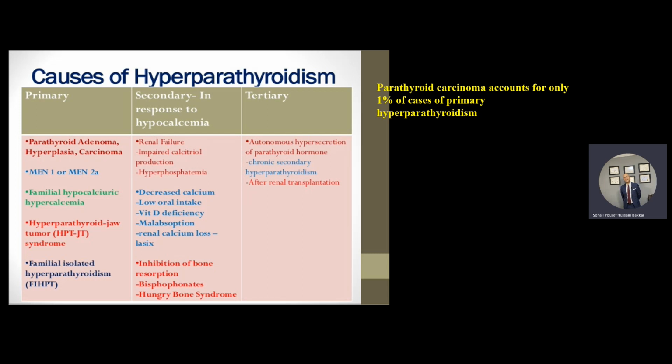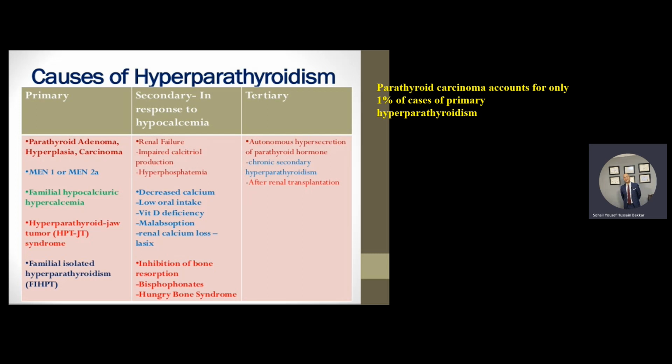Or we can also see it with what we call the hyperparathyroid jaw tumor syndrome. So these are the main conditions in which you see four gland disease or parathyroid hyperplasia.